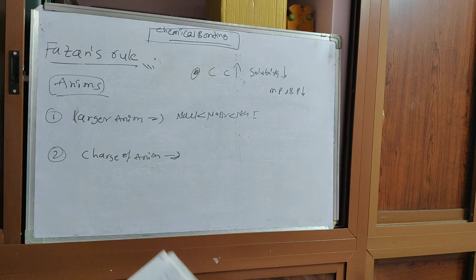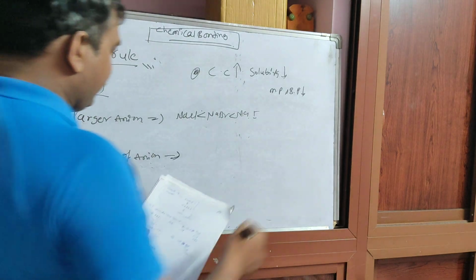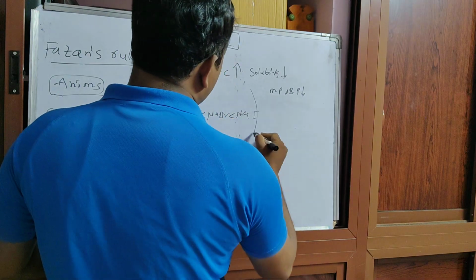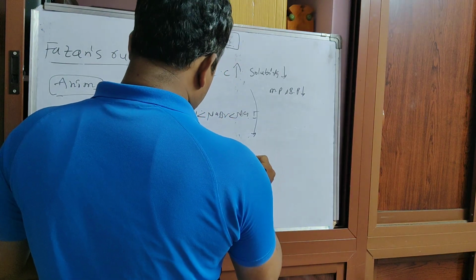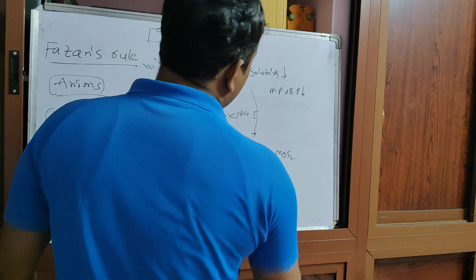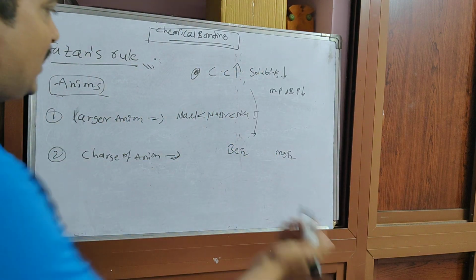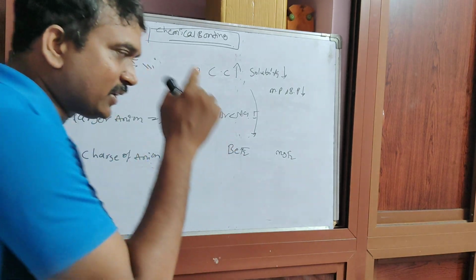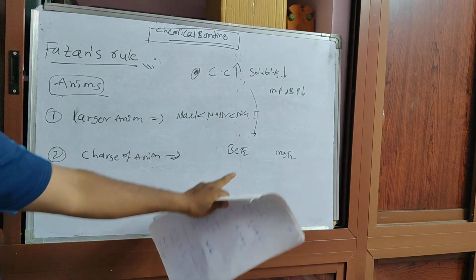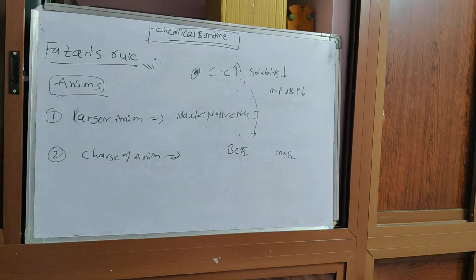If you take an example, which one has the higher melting point and boiling point? For example, beryllium fluoride and magnesium fluoride: which one has more covalent character? Whatever the molecule, first you have to find out the covalent character. The more covalent one will have the lower boiling point.